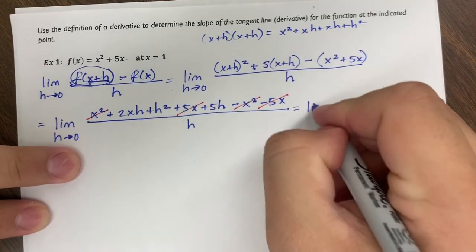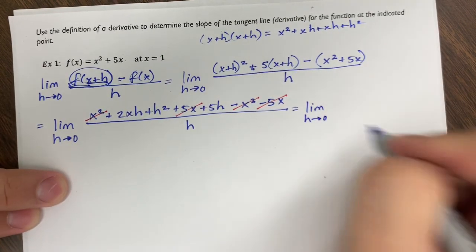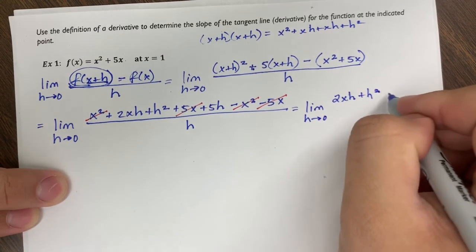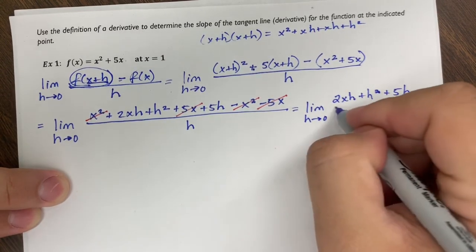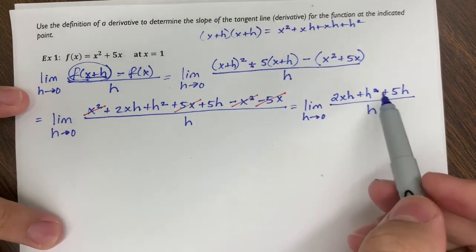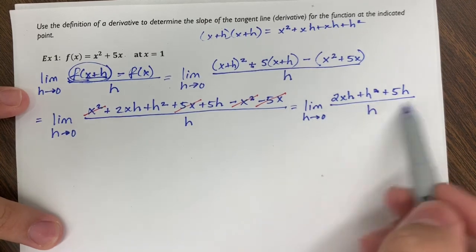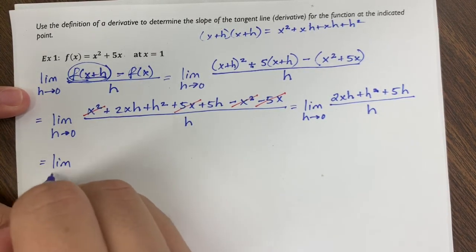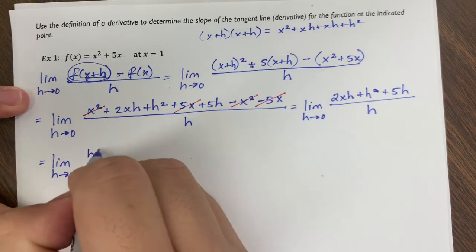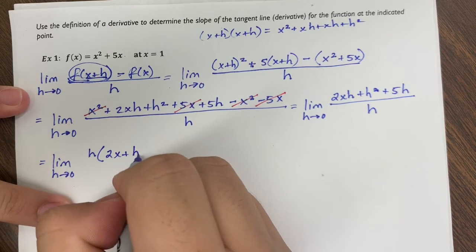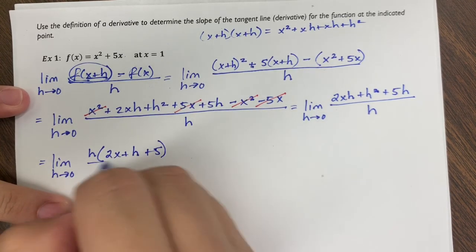So this is equal to the limit as h approaches 0 of 2xh plus h squared plus 5h, all divided by h. If you know that you have a greatest common factor, or GCF, of h from the top, you can take that out. So that's the limit as h approaches 0 of h times (2x plus h plus 5), all divided by h.